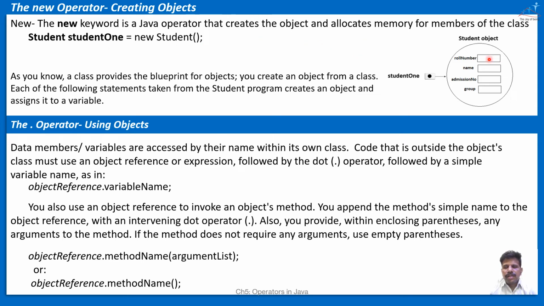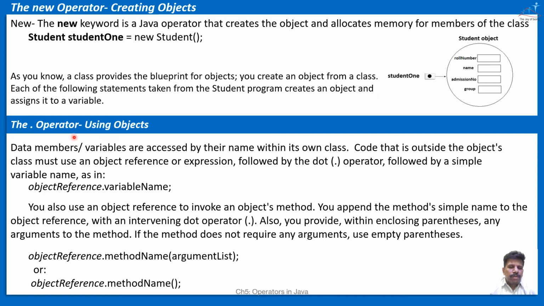If you consider the student1 object, its members are roll number, name, admission number, and group as per the example. After allocating memory, the reference to these members will be stored in the object, that is student1.